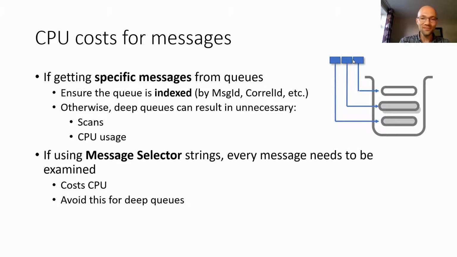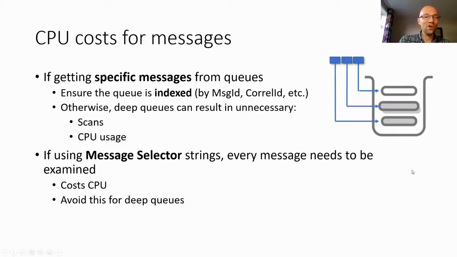And in this case, you can't index a queue to make the gets by message selector go faster. So the queue manager will need to scan the queue to find the message that matches your selector. So that does cost CPU. It might mean that you do extra IO as well. So try to avoid that if the queue that you're getting messages from is deep.